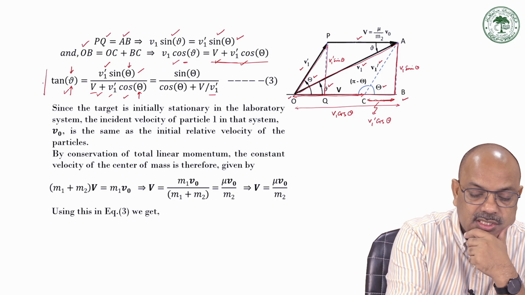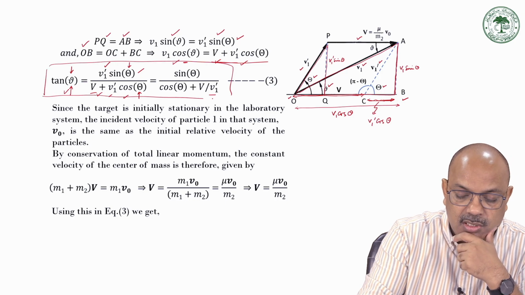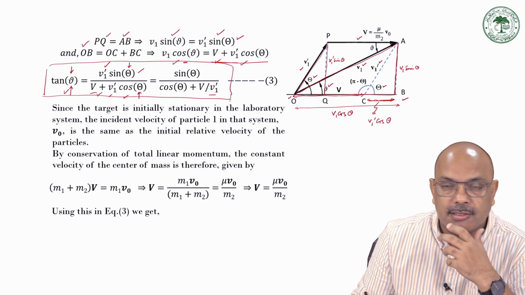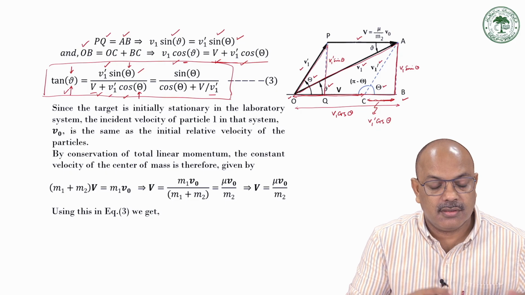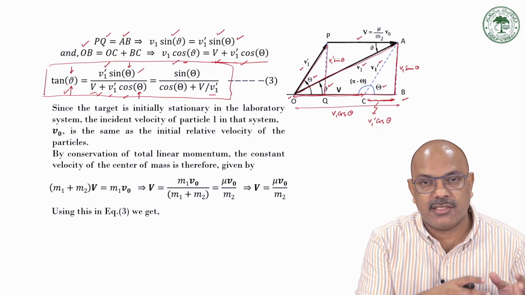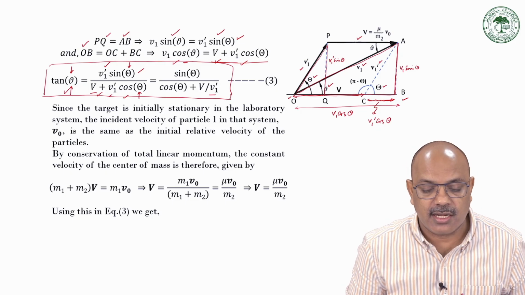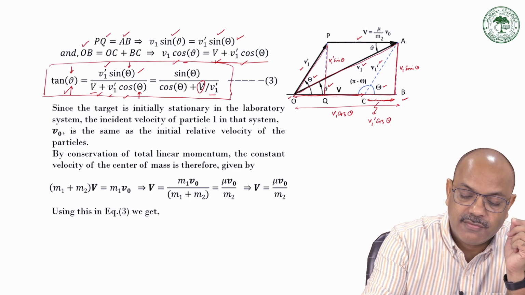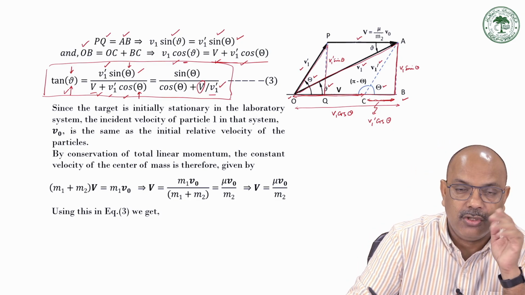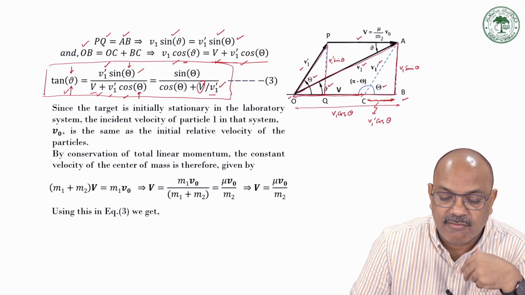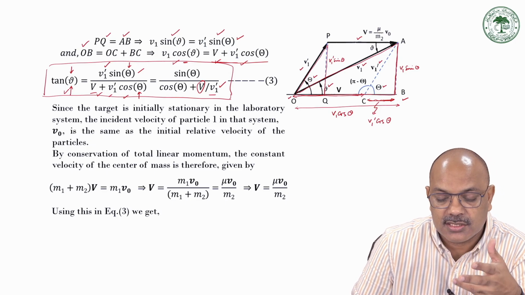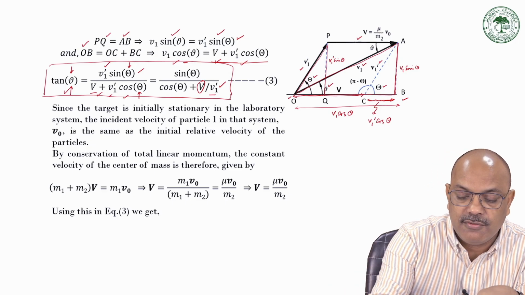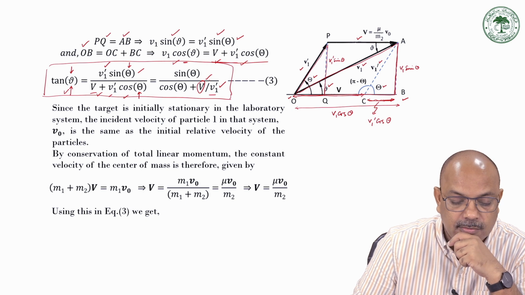So this is one relation which gives me the connection between the scattering angle in the center of mass frame and the scattering angle in the lab frame, in terms of the velocity of the center of mass relative to this center of mass frame of reference.